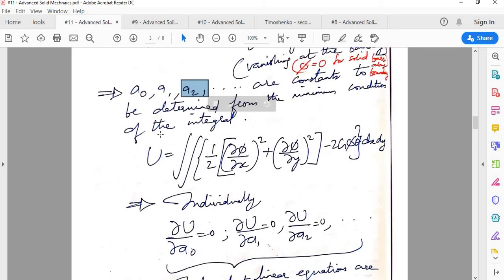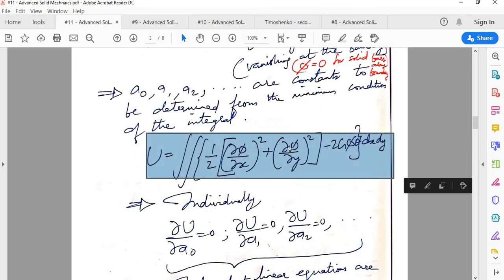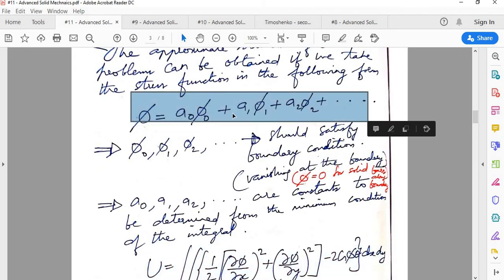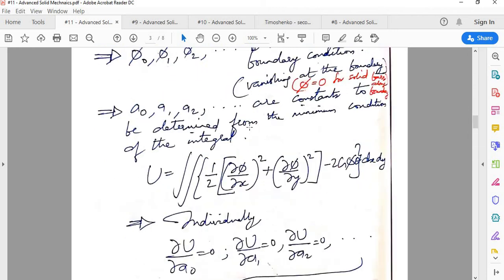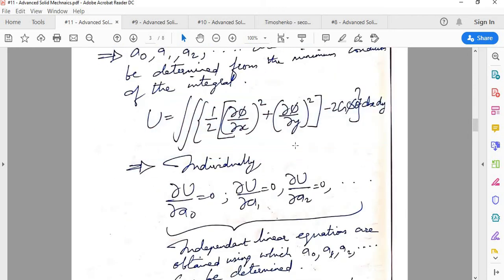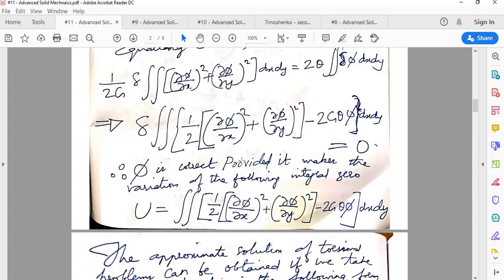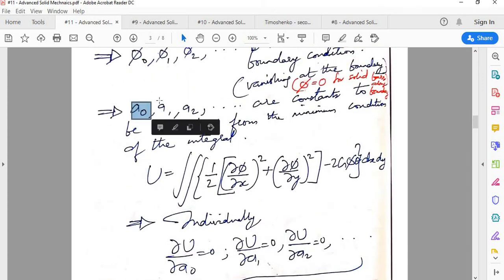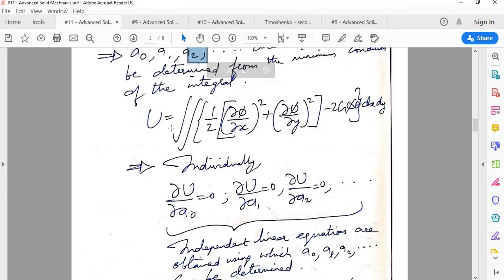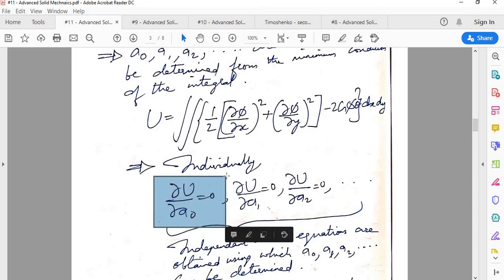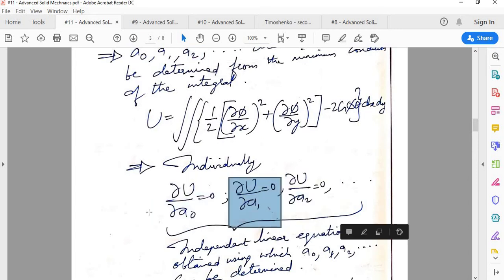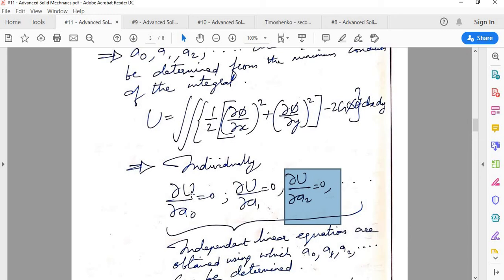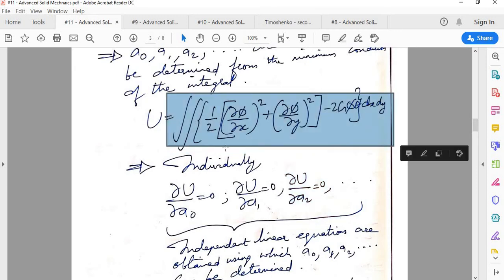So now what happens is, see, you can write it in terms of phi. Phi is this. So this expression for phi, you will substitute in this expression for u. Now to make this a minimum, or to make the variation 0, individually with respect to each coefficient, the following should be satisfied: del u, or the partial derivative of u with respect to, sorry, it's not strain energy, it is the resulting expression.